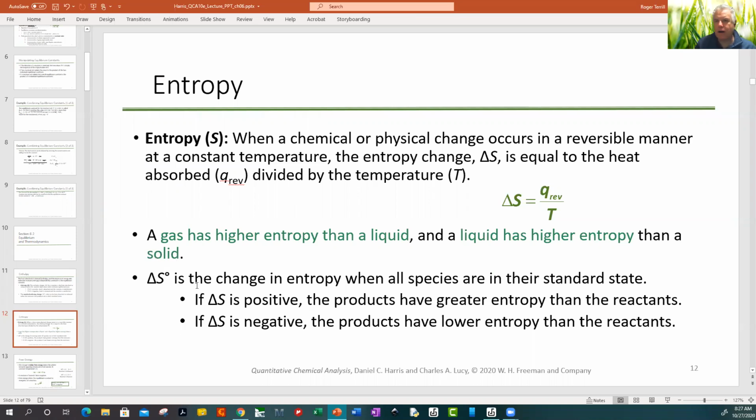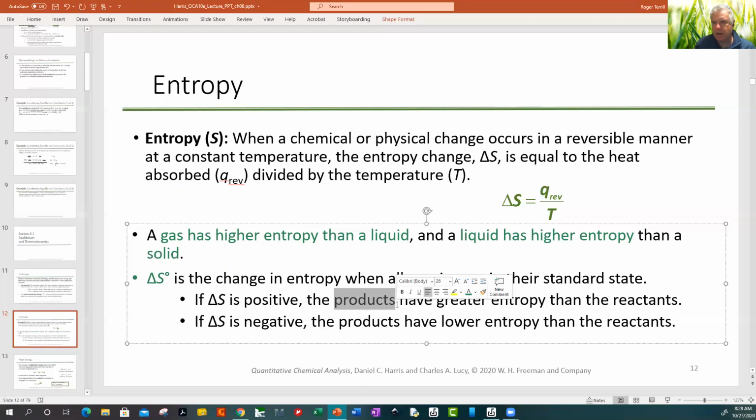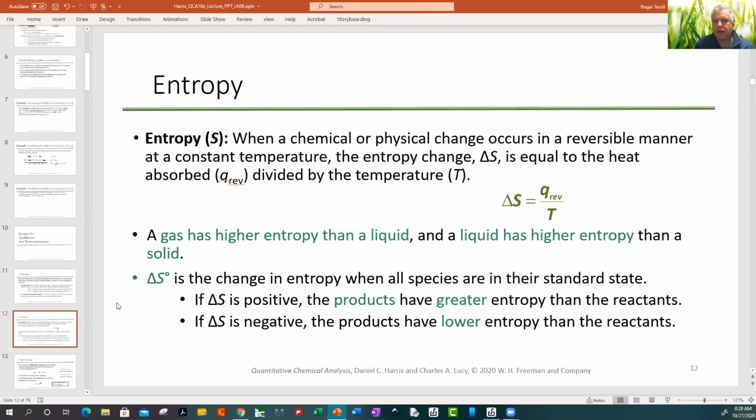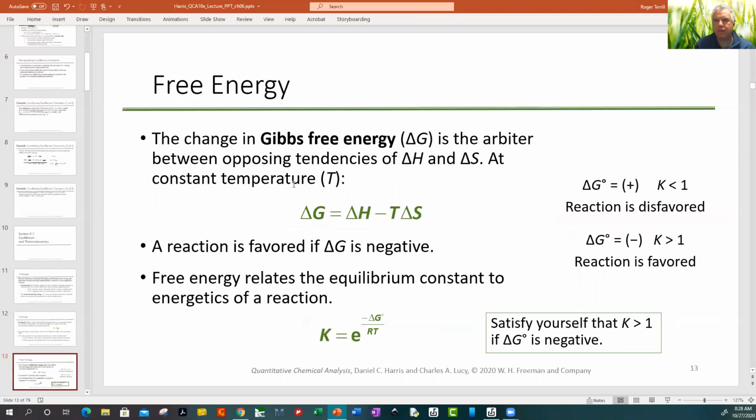Okay, and delta S naught is simply the value of delta S that happens when all species are in their standard state. If delta S is positive, products have greater entropy. If delta S is negative, products have lower entropy. It's a funny sign convention, and we'll put it all together here.